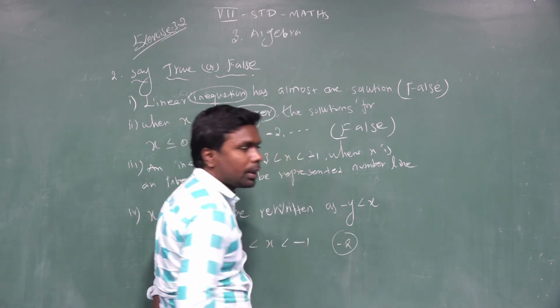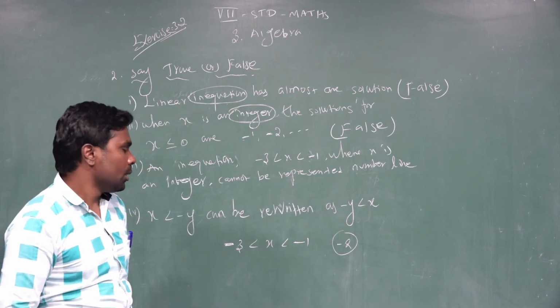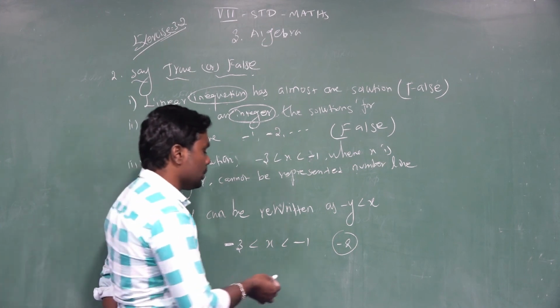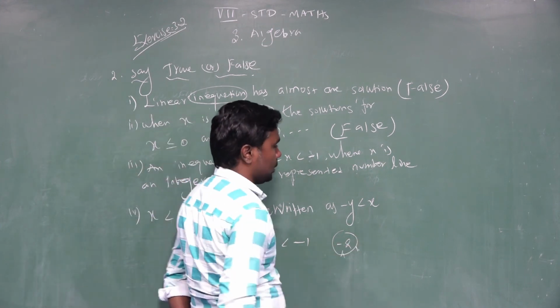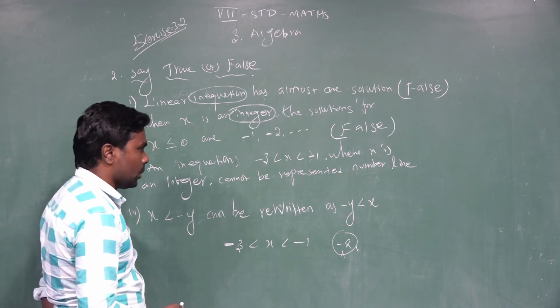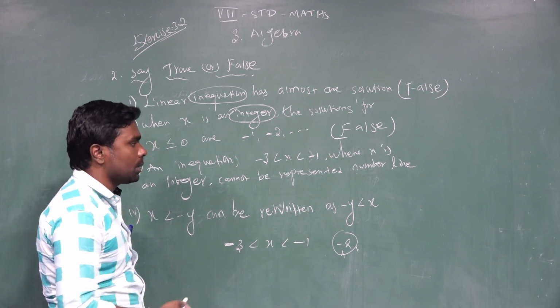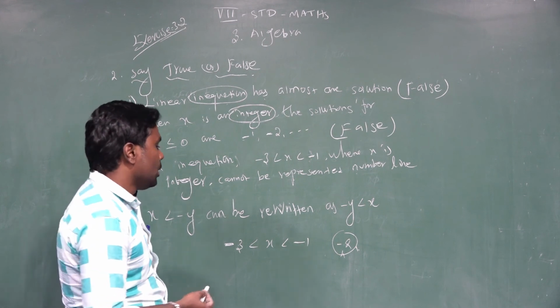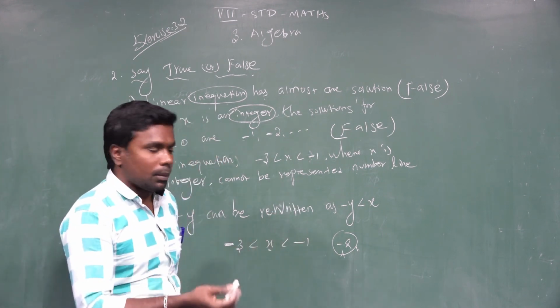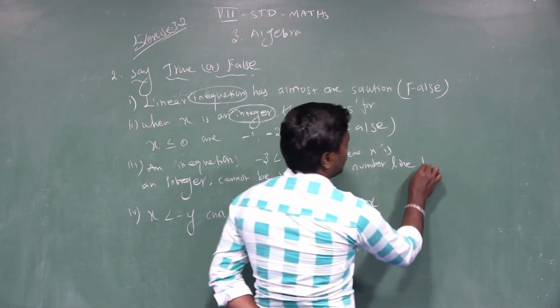The only possible number is minus 2. So we cannot form a number line with one number. So the inequation minus 3 less than x less than minus 1 where x is an integer cannot be represented on a number line, because in between we have only one number. So true.